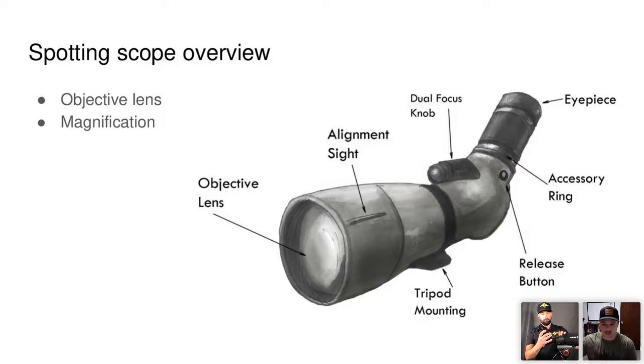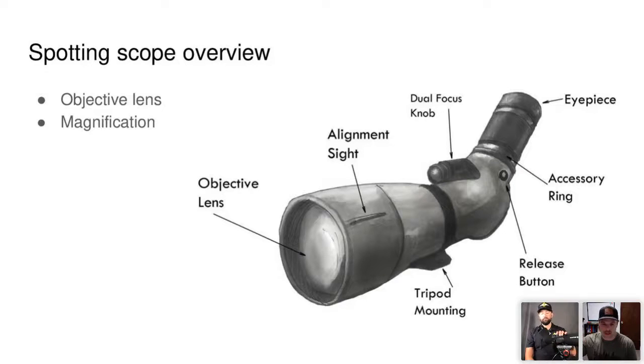So some spotting scopes have a dual focus knob, like pictured here, where one is a coarse focus and the other is a fine focus. Some just have one focus wheel, so it's kind of depending on the speed you focus at, if it'll be coarse or fine focus.